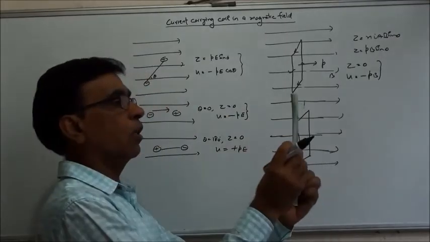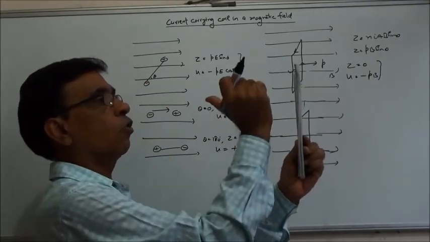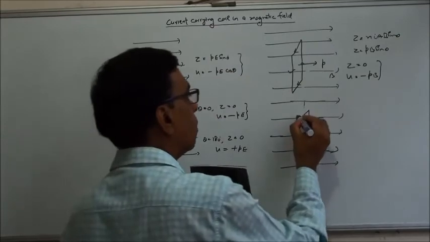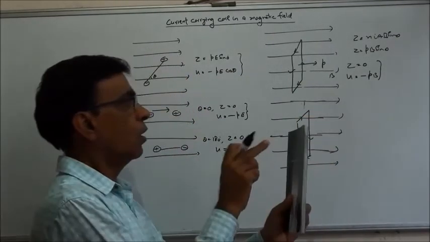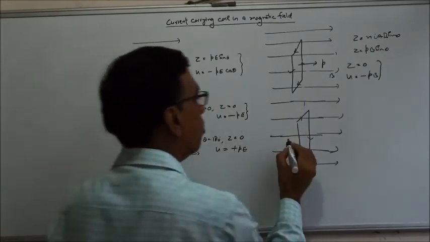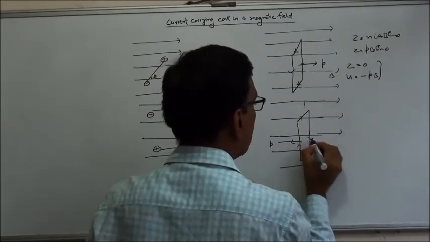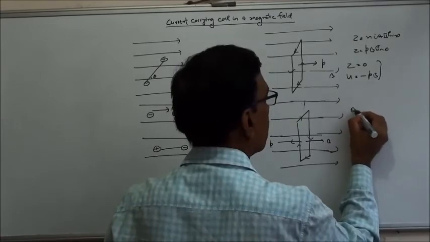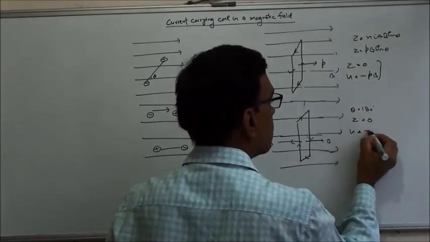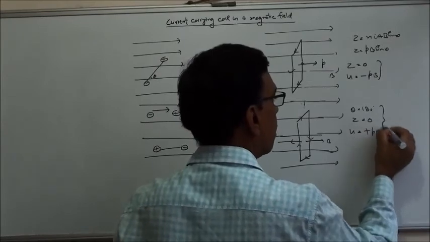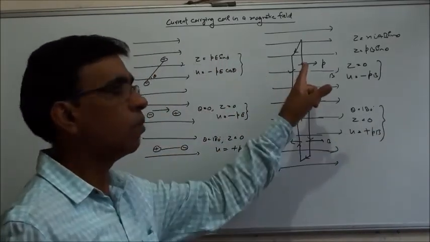When is it possible? Dipole moment in this direction. So the current should be like this. Current is like this. So dipole moment here, B is here, theta is 180, torque is 0 and U is plus PB. Unstable equilibrium.